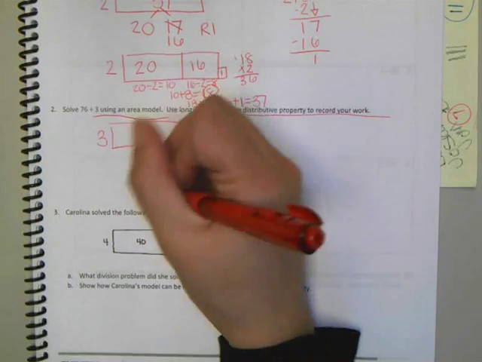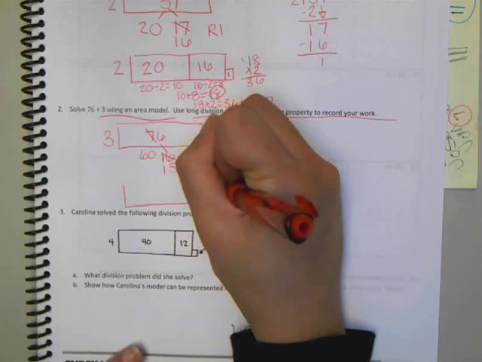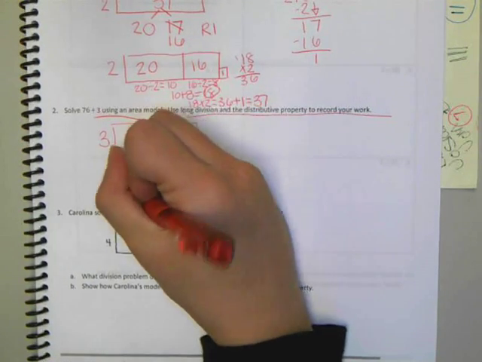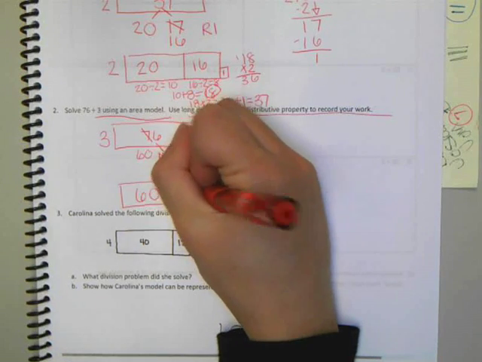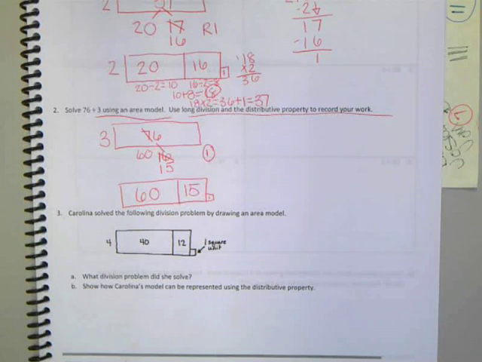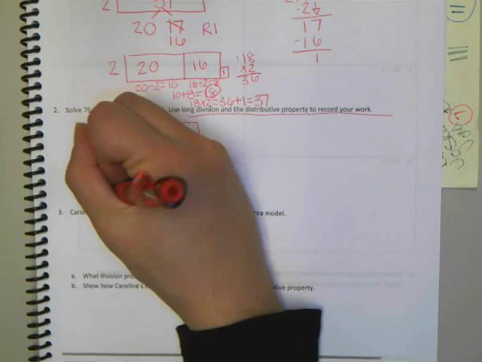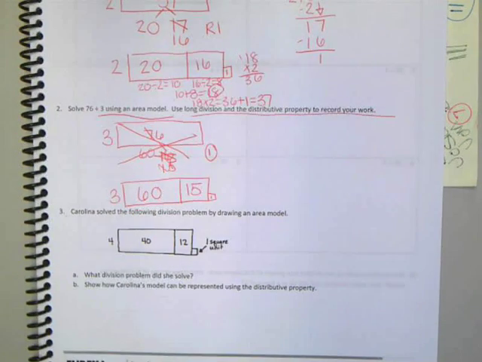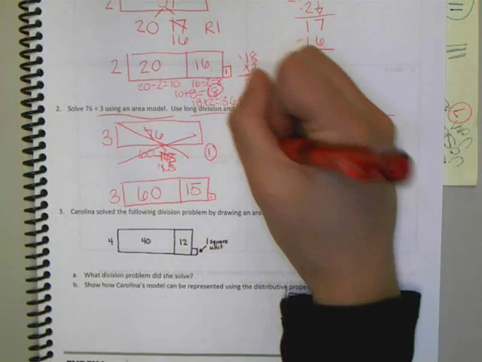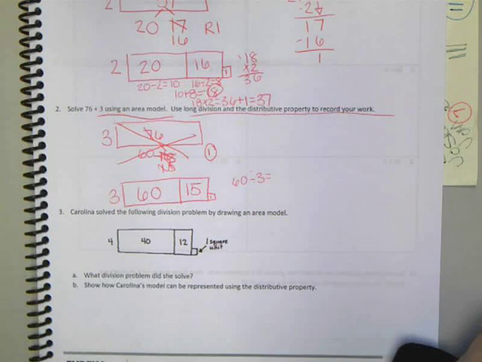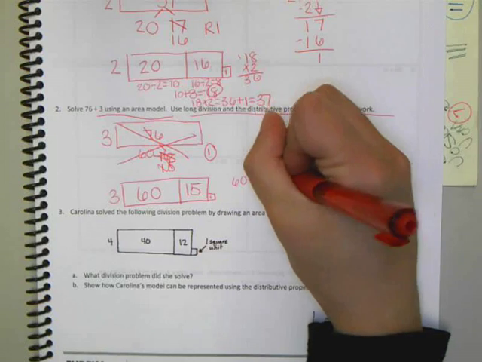So let me redraw my picture here. And I will put my 60 here, my 15 here, and my sad little friend over here. All right, and I'm still dividing by 3, so that's not going to change. I'm going to kind of just cross this off so we don't have to look at it anymore. So now we got to get going with our math. First, we have to do 60 divided by 3, which is what? 20.